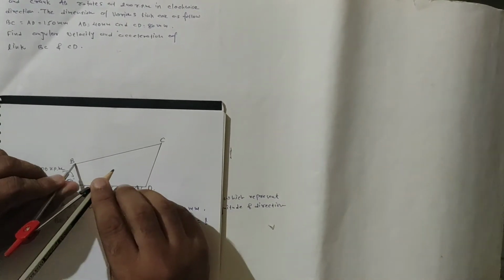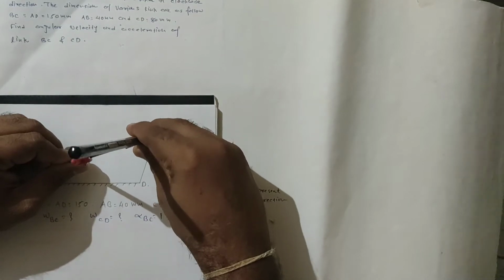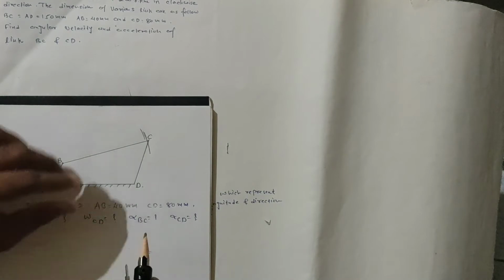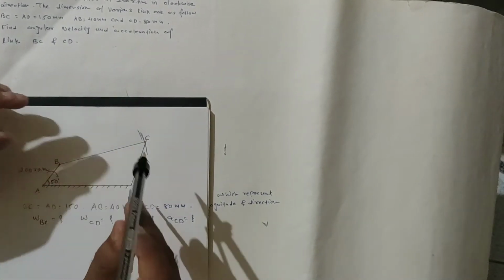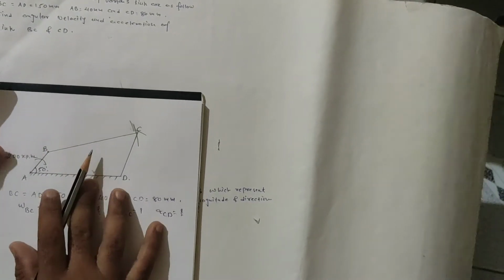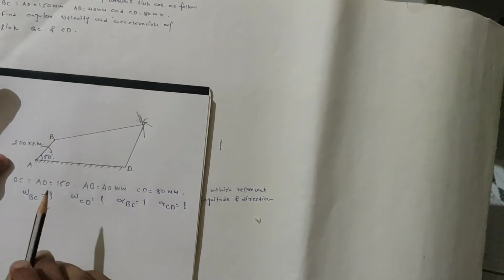AD and BC are both equal dimensions, so I consider this point and make an arc of the dimension of AD, and take the dimension of this one. Wherever they join, that point we consider as point C. This is the diagram that we use for the velocity and acceleration diagram.